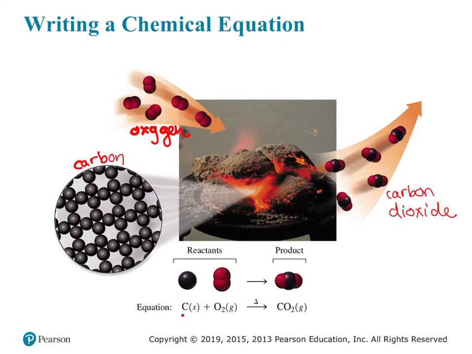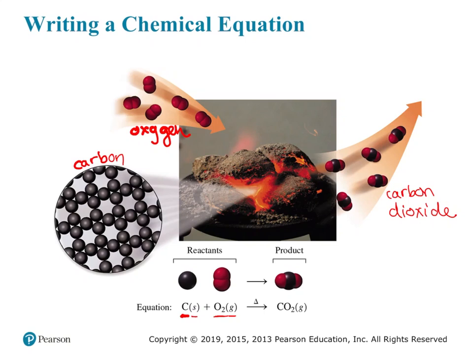So we would write C for carbon, and it starts out as a solid, so we would write a lowercase s in parentheses. And then it's reacting with oxygen, so we would write a plus sign to separate that first reactant from the second reactant. And then we'd write the symbol for oxygen, which is actually O2. So oxygen gas is usually found in a pair, and we'll talk more about why later. And then we would write a lowercase g in parentheses next to that since it's a gas.